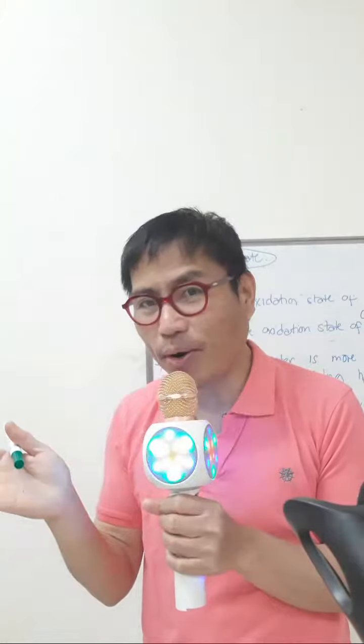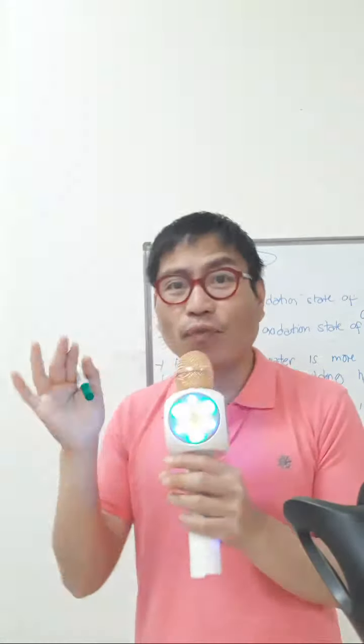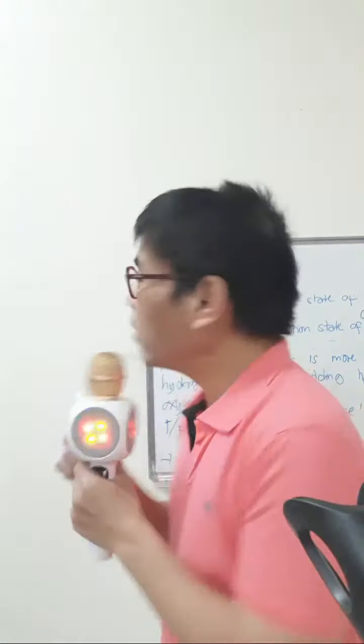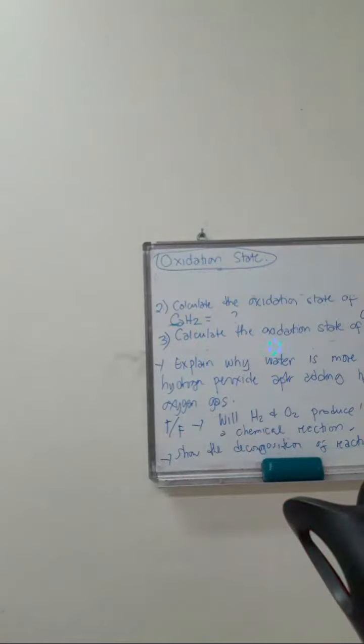If you remember our vlog yesterday, there is a rule. We need to be smart enough to identify first the type of compound, because it matters a lot. Now we have to solve for the value of H in calcium hydride.